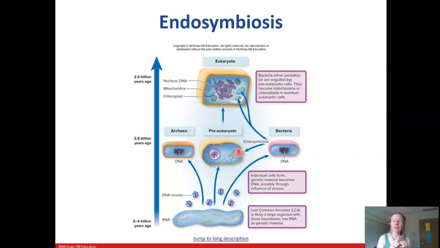They had a symbiotic relationship, maybe one where both individuals benefited, and so sure enough, that relationship sticks around. The organelles that probably have the strongest evidence for this are the mitochondria and the chloroplasts, both of our energetic organelles.